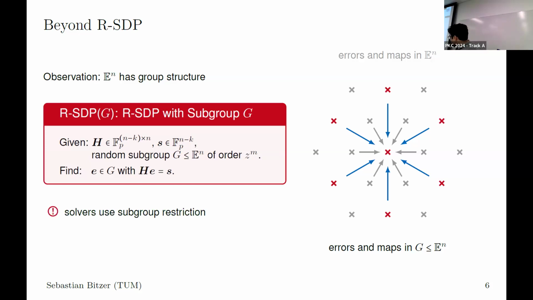This additional information can be taken into account by an attacker, and indeed it is used by the best known solvers. But that does not mean that the problem necessarily gets easier by defining such a restriction to a subgroup. You can think about it in the following way. You start with an RSDP instance with a lot of solutions, and then you specify the subgroup such that you end up with a unique error.